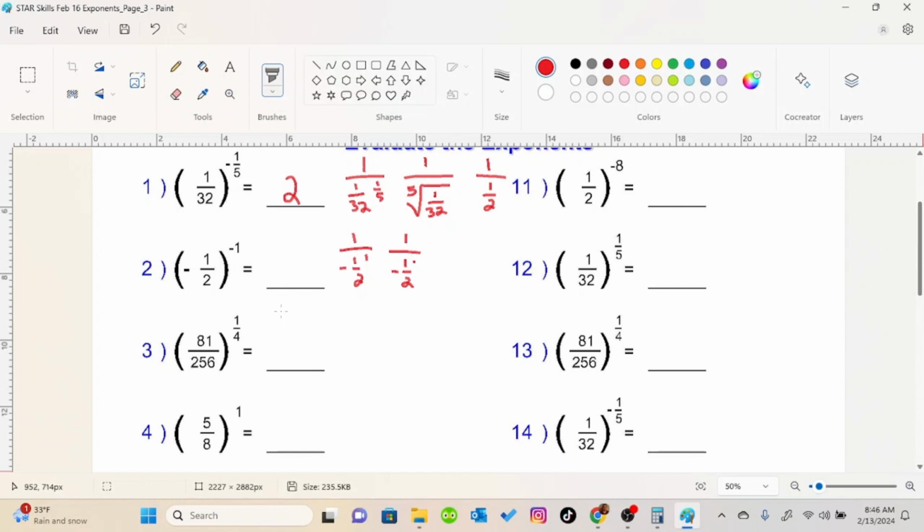And dividing by a fraction is the same as multiplying by its reciprocal. And 1 times negative 2 over 1 is negative 2.